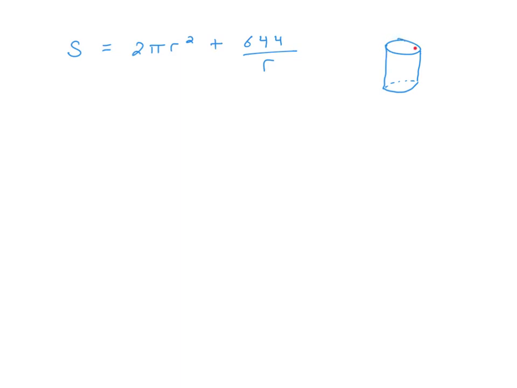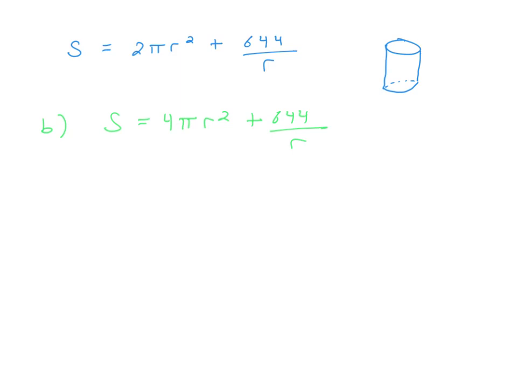So if the top was a pi r squared and the bottom was a pi r squared, that's where this 2 pi r squared came from. So if we're doubling both of those, you're basically just going to multiply this by 2.